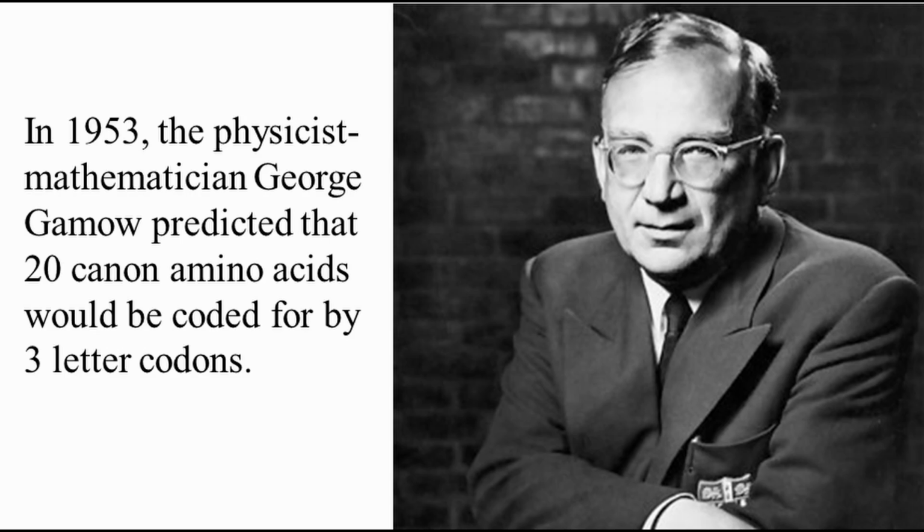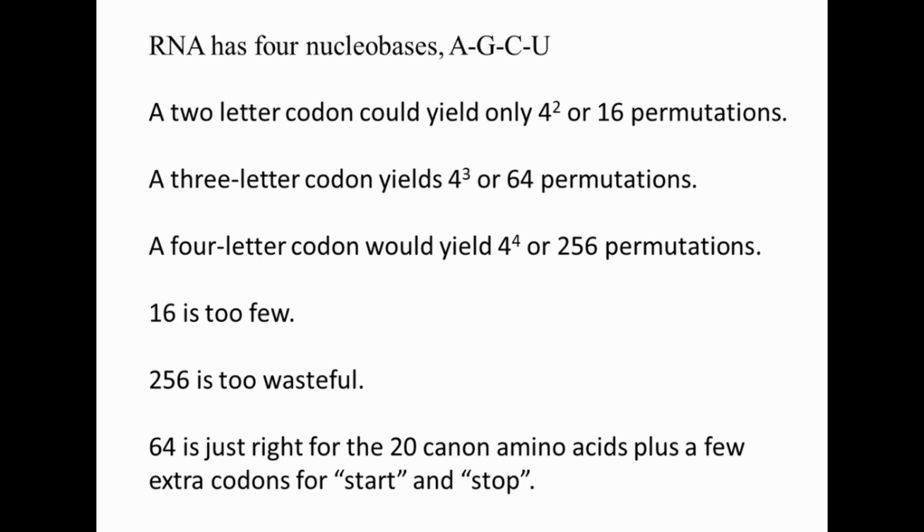In 1953, the physicist-mathematician George Gamow predicted that 20 canon amino acids would be coded for by 3-letter codons. He knew that RNA had 4 nucleobases, AGCU. He knew that a 2-letter codon could yield only 4 squared or 16 permutations. 16 permutations are too few to code for all 20 canon amino acids.